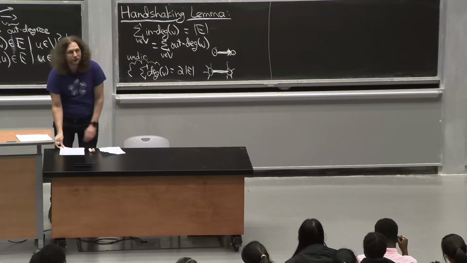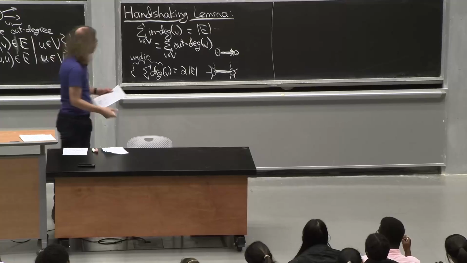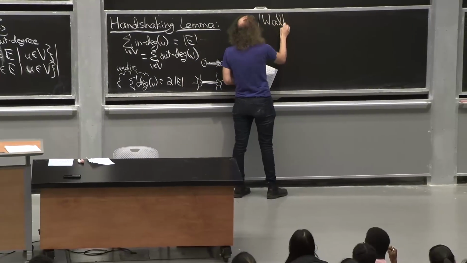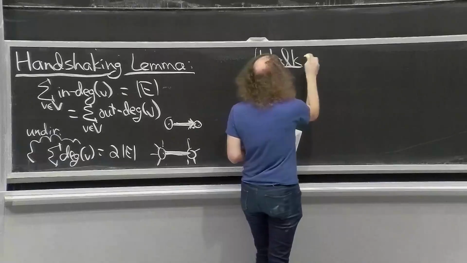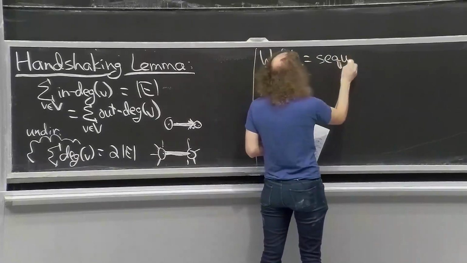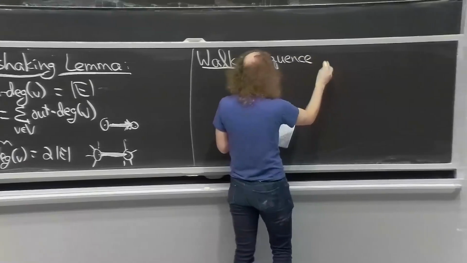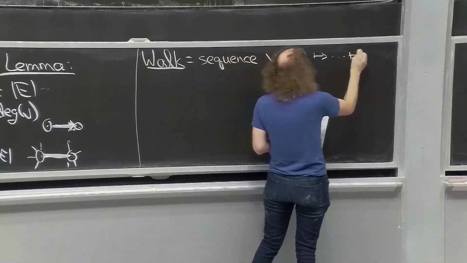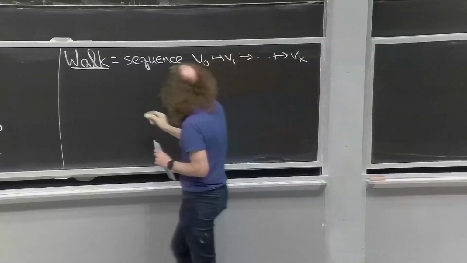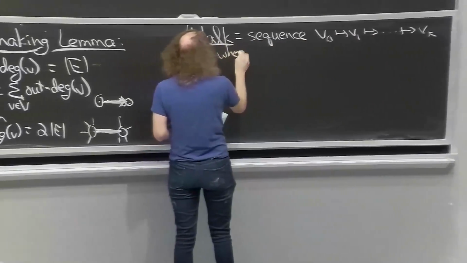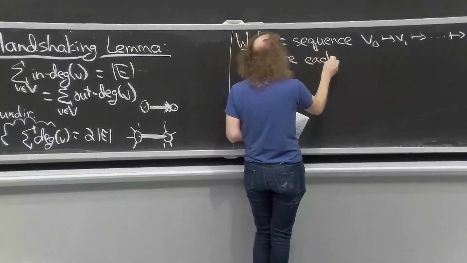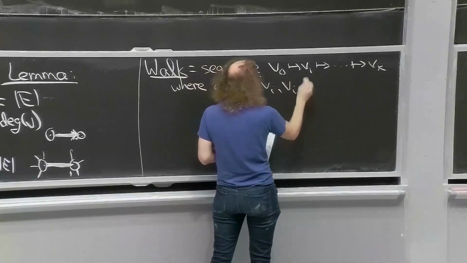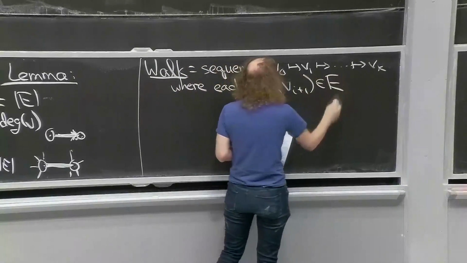All right, let's catch up to last lecture, which was all about walks. This definition is pretty much exactly the same. Just repeat it so we remember. We had a sequence of vertices where each vi to vi plus 1 is an edge.